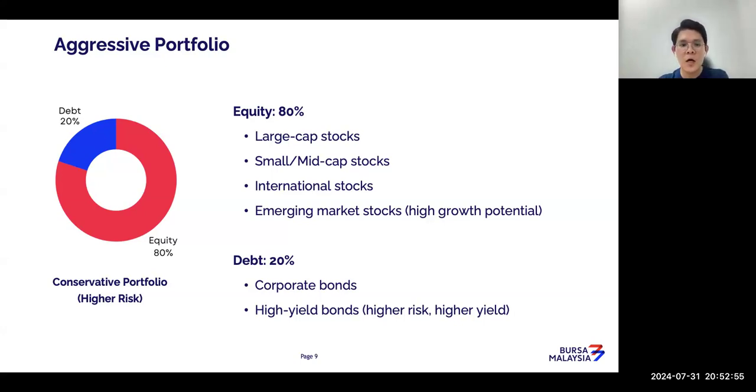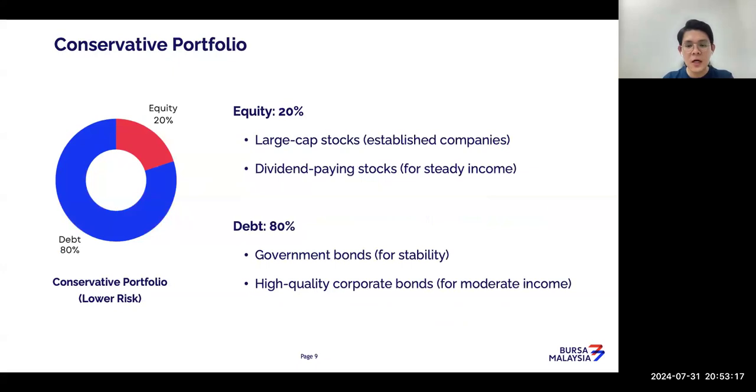For this type of investor, for the option of bonds, you can stick to corporate bonds or high yield bonds. High yield bonds means higher risk and higher yield, which you can see from the credit rating. The conservative portfolio will focus on buying high quality corporate bonds, like Maybank issuing their corporate bonds in the bond market.